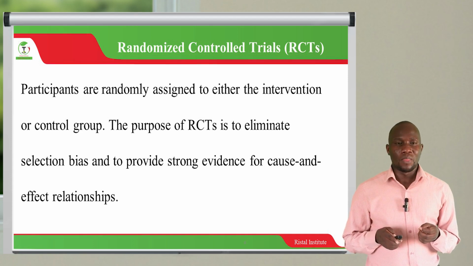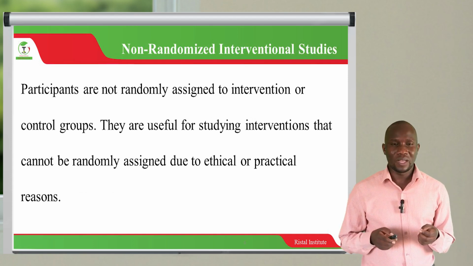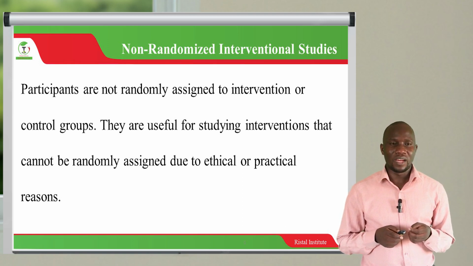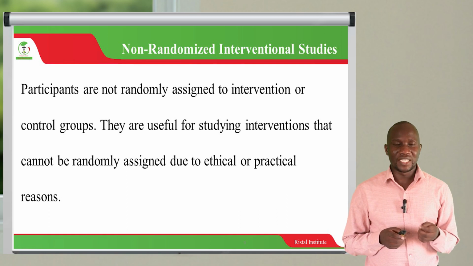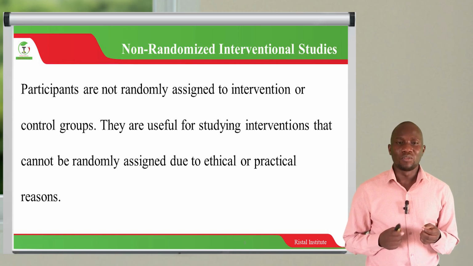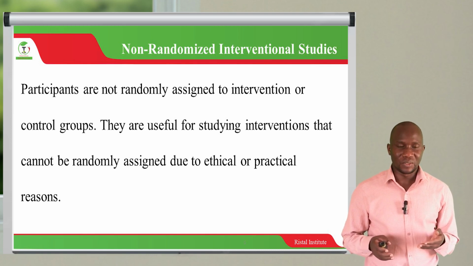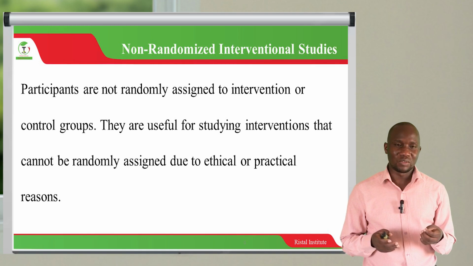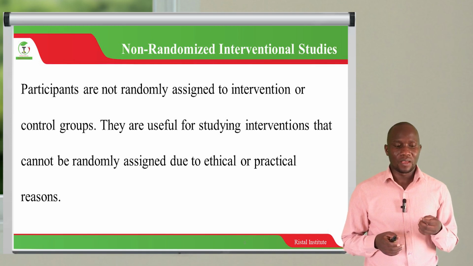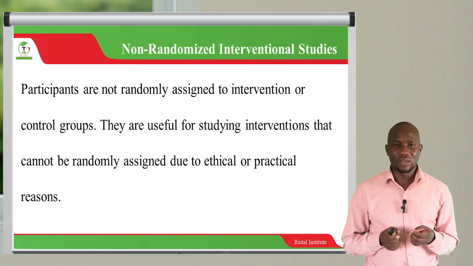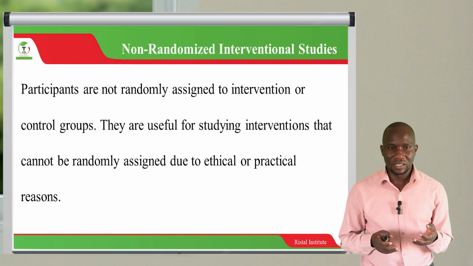Okay? Now, when we have the non-randomized interventional studies, we are not randomly assigning the participants to either of the groups. This could be because of practical reasons or even ethical reasons, and we decide to say no. You go to the intervention group, you are going to the control group, without making the process a random one.